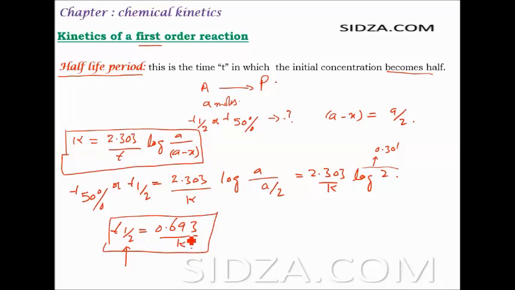One more point we can get here, that the half-life period does not depend on the initial concentration. Very interesting here. For the first order reaction, the T half does not depend on the initial concentration of reactants, right?